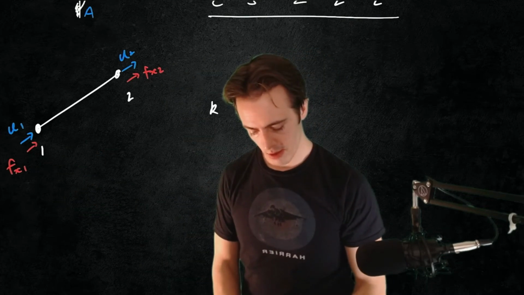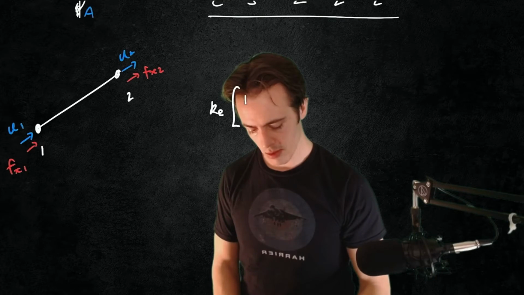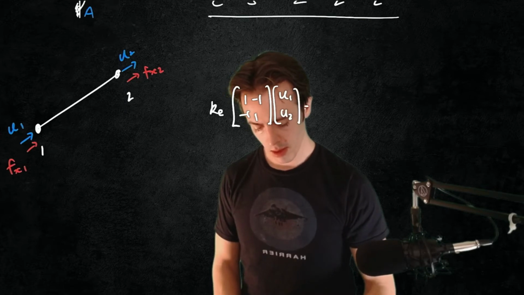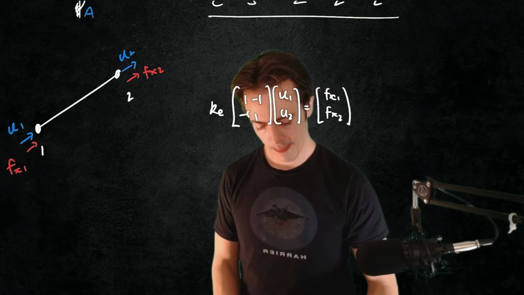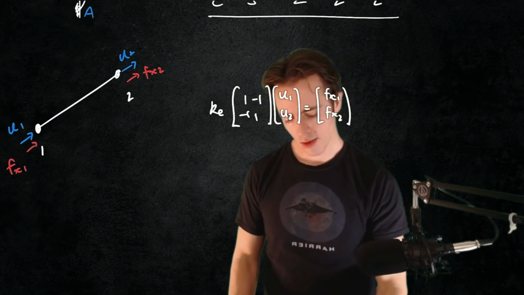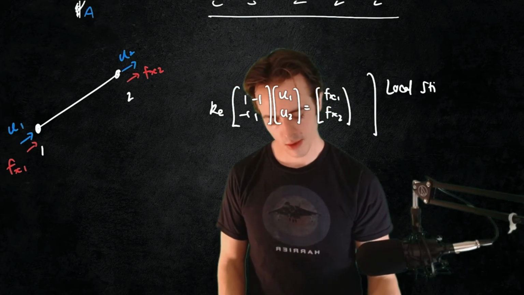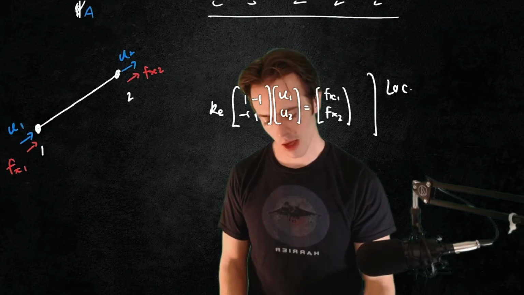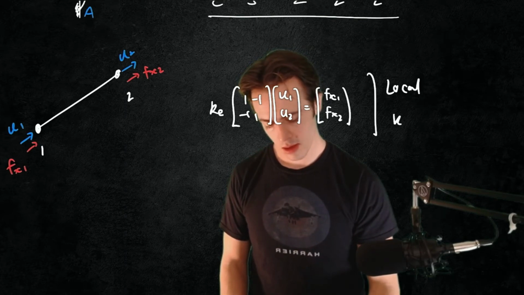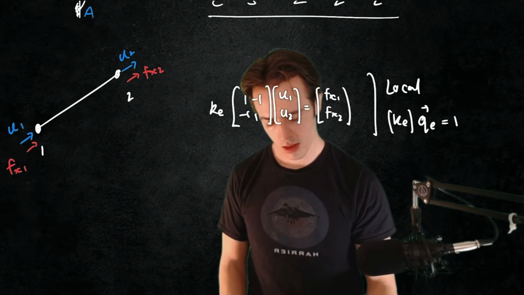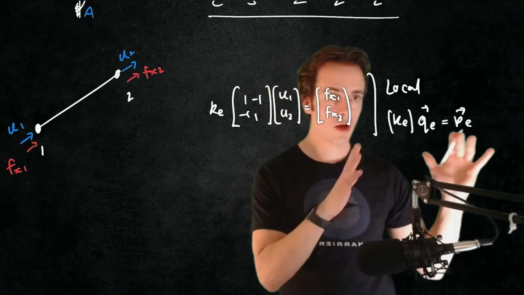So then the stiffness of this element would be Ke, [1, -1; -1, 1], times u1, u2, equal to Fx1, Fx2. So this is not the local stiffness matrix, this is the local KQ equals P formulation, we'll say. So that's our local KQ equals P.